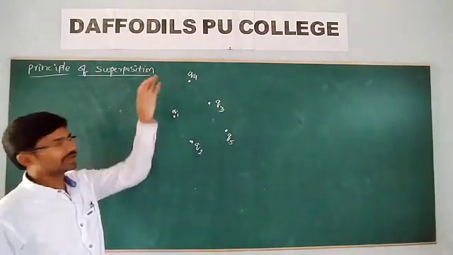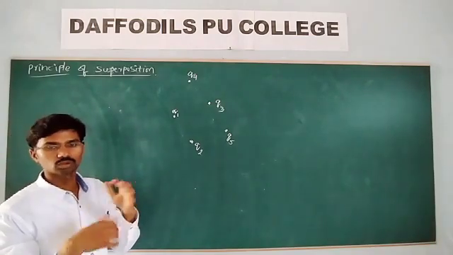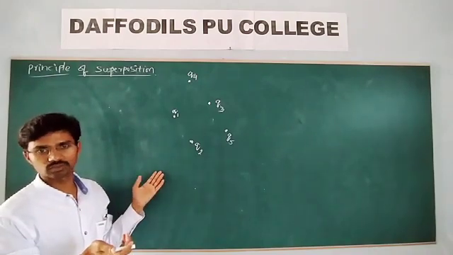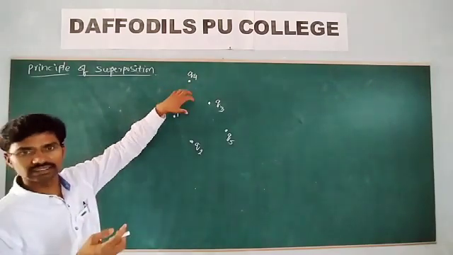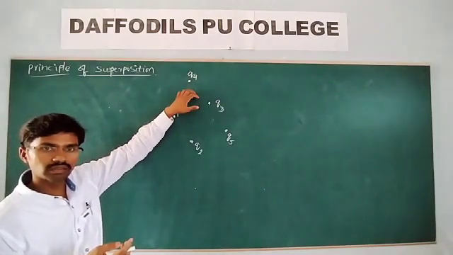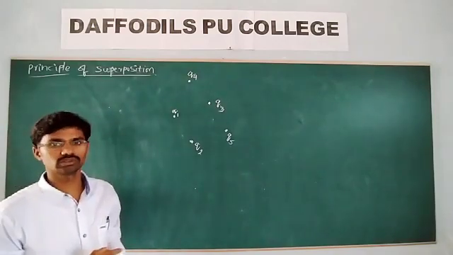When we have two charges, we can find the force acting on one charge due to the other, or the force on the second charge due to the first, as we have studied. But when you have a number of charges, what would be the force on one charge due to the remaining charges? That we need to calculate.